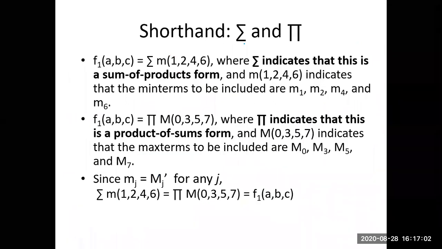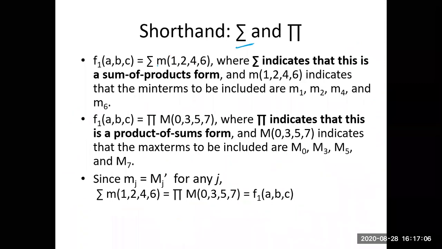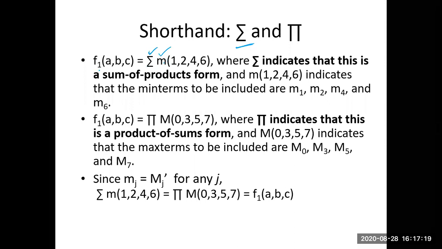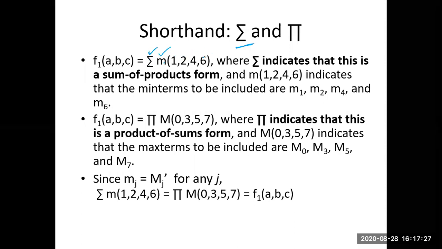This sum of products, basically I am representing as a sum of minterms. I already told you I represent a minterm with a small m, and this summation is the symbol for the sum of minterms. So in this example, my function f1 is a function of a, b, c, and is the sum of minterm 1, minterm 2, minterm 4, and minterm 6.